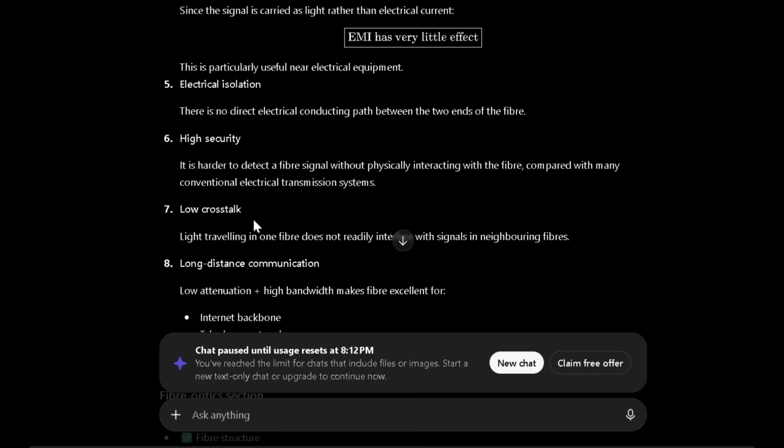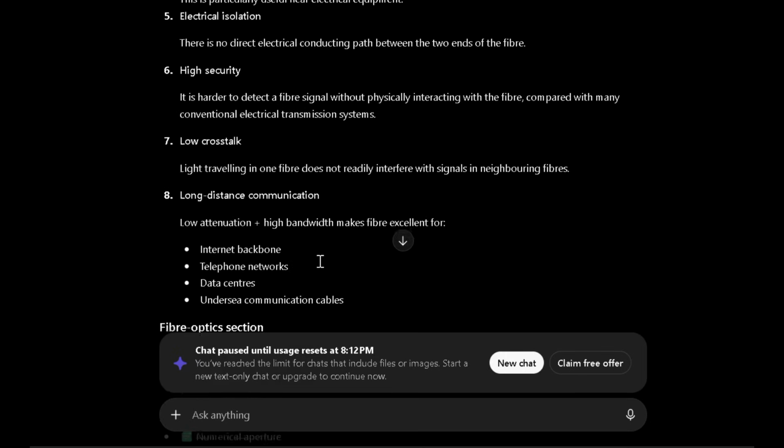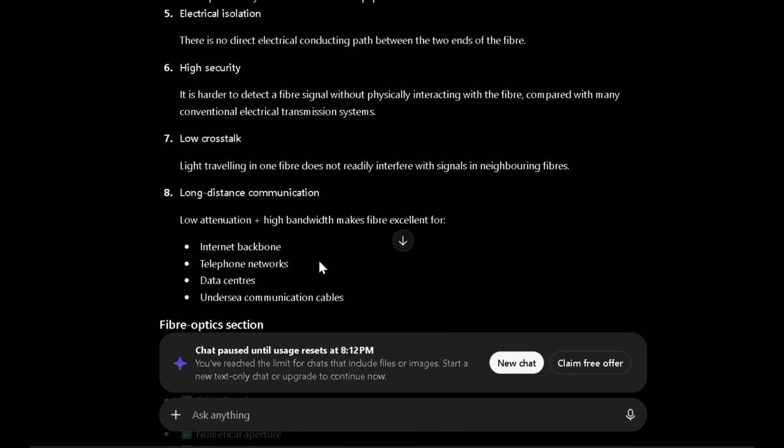High security. It is harder to detect a fiber signal without physically interacting with the fiber, compared with many conventional electrical transmission systems.